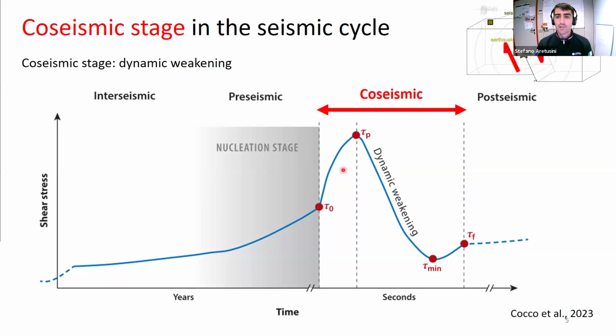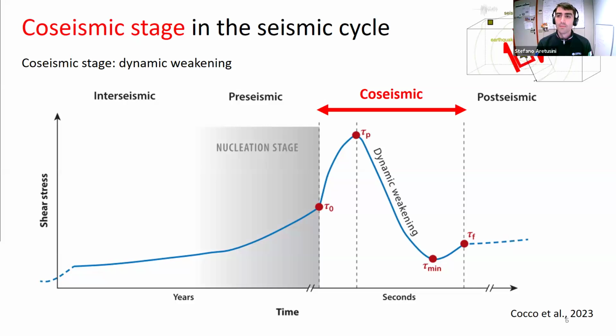In the coseismic stage, the shear stress abruptly evolves in a matter of seconds or milliseconds from its initial value tau zero to the peak value, and then decreases sharply down to a minimum value in the so-called dynamic weakening substage of the coseismic stage. And then the slip cycle starts again with the post-seismic.